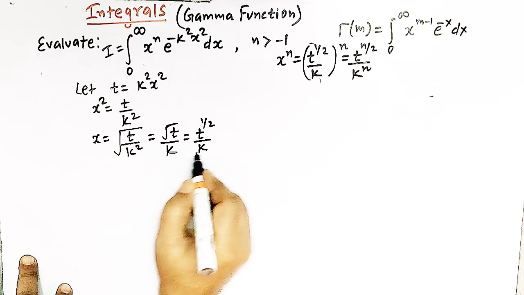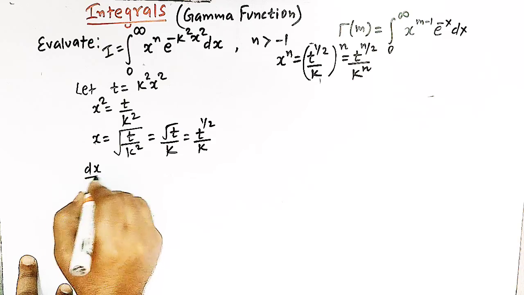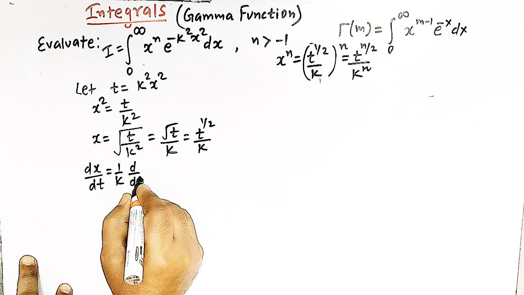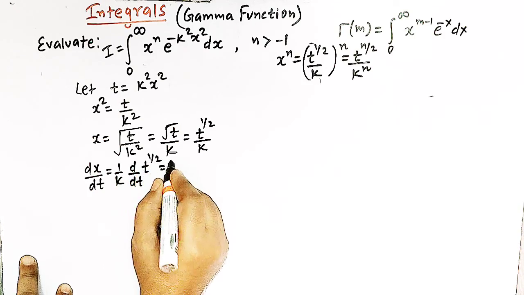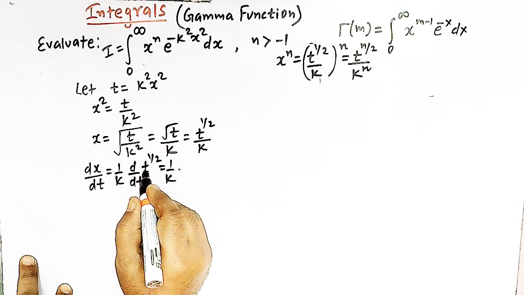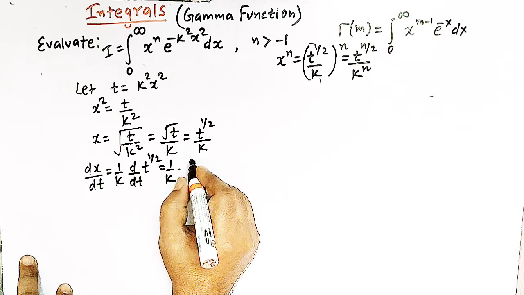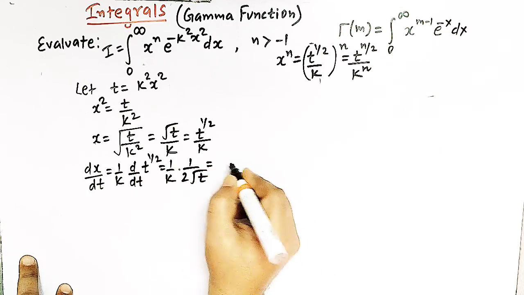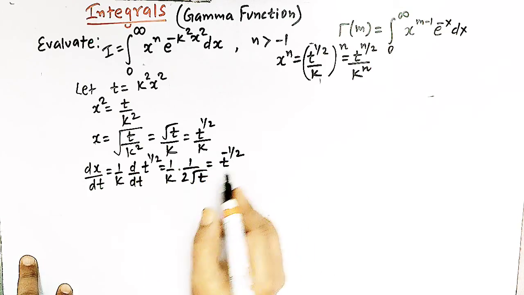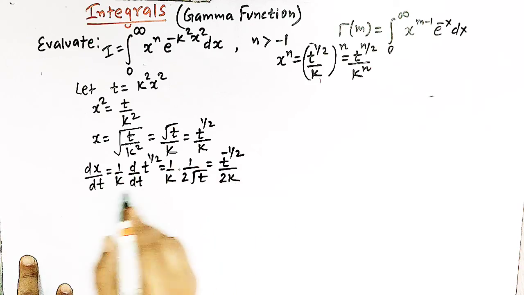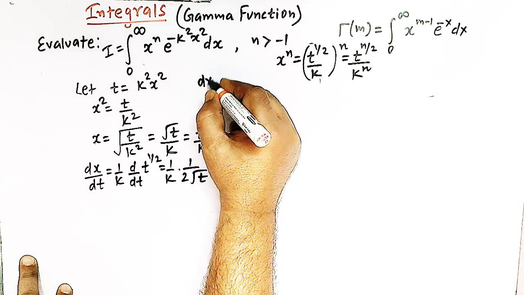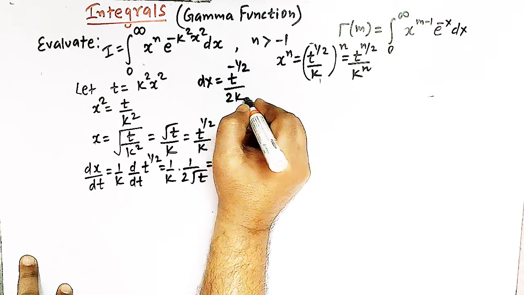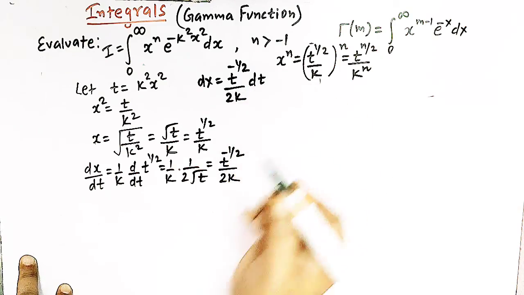Okay, so now we have x is equal to t raised to half divided by k. So let us differentiate x with respect to t. So we have dx over dt is equal to 1 over k times the derivative of t raised to half. The derivative of t raised to half with respect to t is given by 1 over 2 times square root of t. So we can now write t raised to minus half, and here we have 2k, so that dx can now be written as t raised to minus half over 2k dt, right?